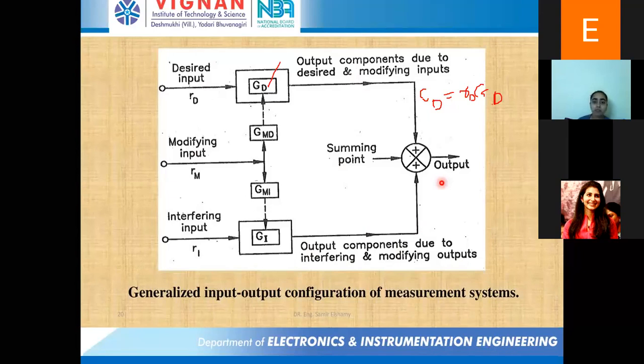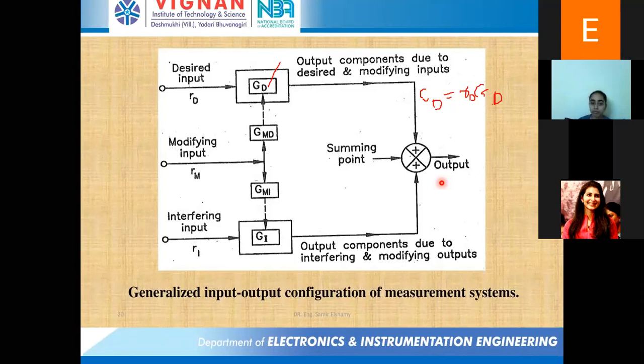The instrument is designed to respond to the desired input only, but unintentionally it may respond to some interfering and modifying inputs. Therefore, an instrument is subject to all these input quantities and may produce output components due to all of them.